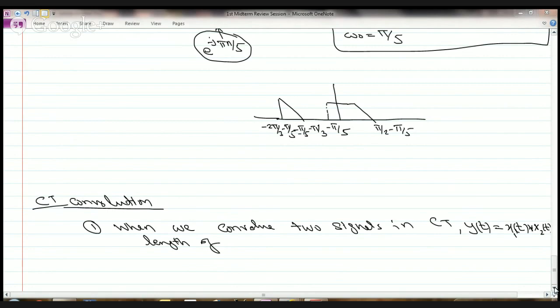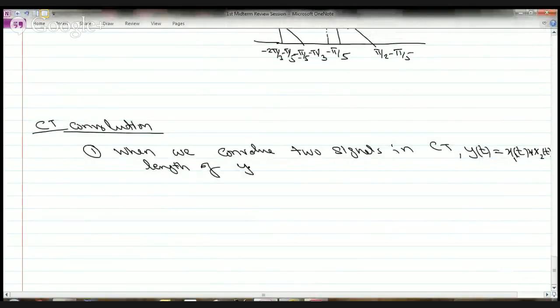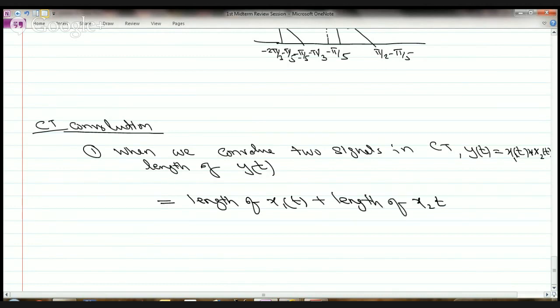Then the length of y of t is equal to the length of x1 of t plus the length of x2 of t. That is one thing you should always remember. If you convolve two signals, the output signal has a length which is the summation of the lengths of the two signals. This is for continuous time.